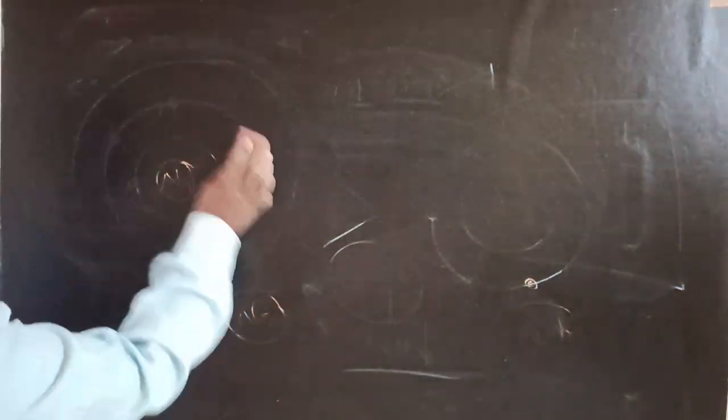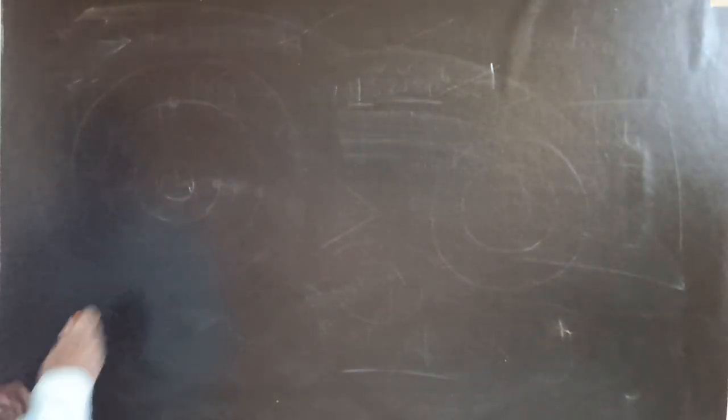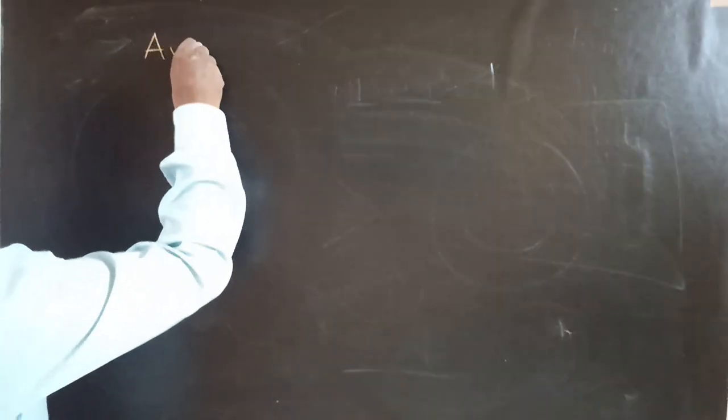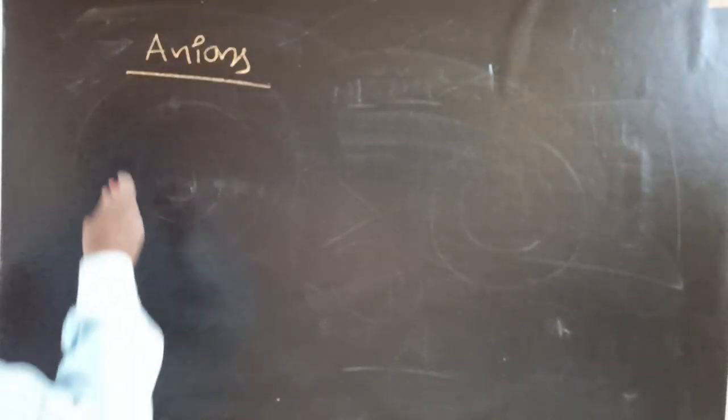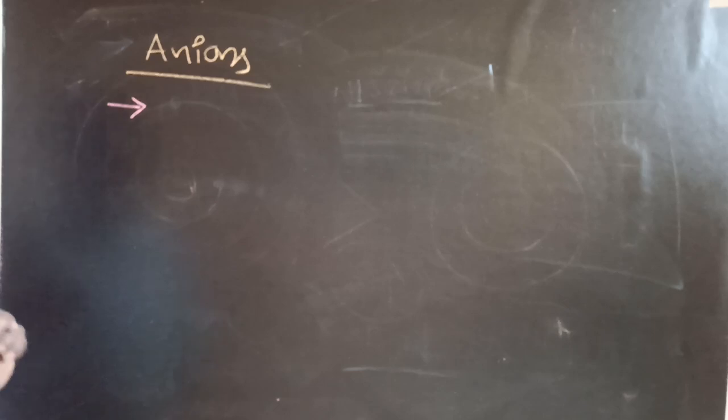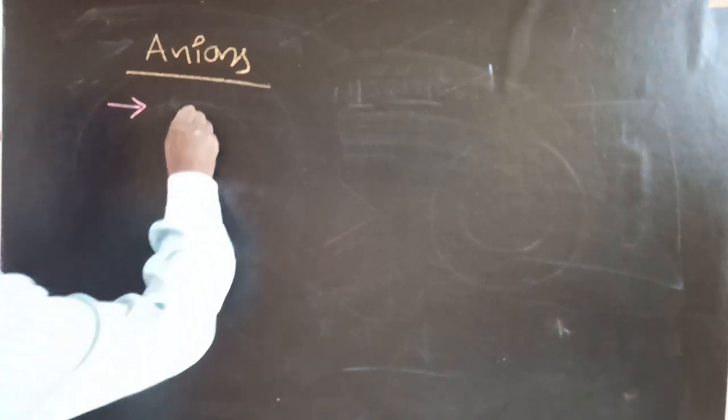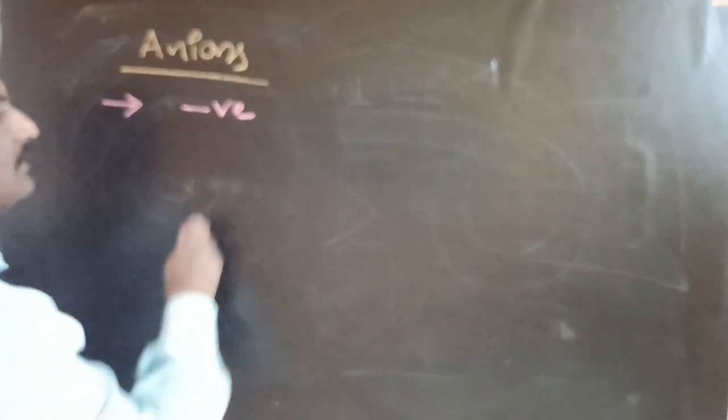Next one, anions. Let us have a talk about anions. Write the points, nearly 6 points, same as cations. Anions are negatively charged particles.